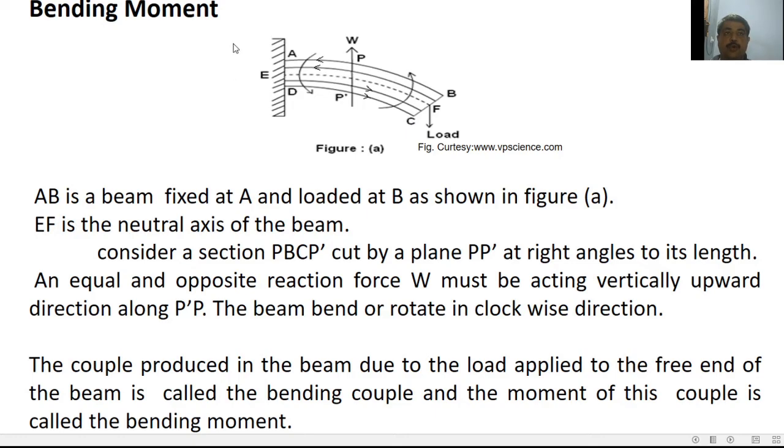Since there is no rotation of the beam, the external bending couple must be balanced by another equal and opposite couple which comes into play inside the body due to the elastic nature of the body. When the beam is in equilibrium, the external bending couple is equal to the internal bending moment.